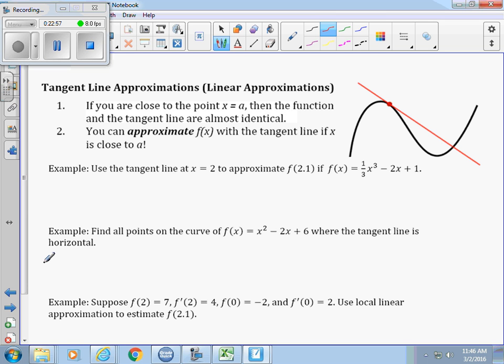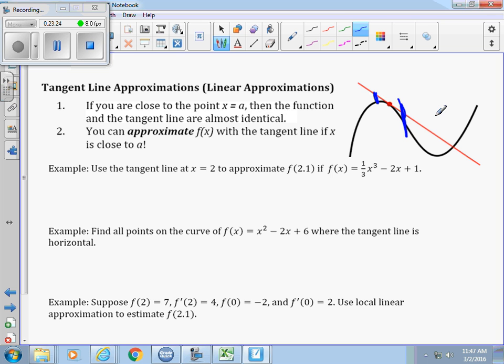This turns out to be really important in the real world, and in Cal 2 you'll get to some things where you really see the importance of this. But would you agree that really, really close to this point, the tangent line is close to the curve? Are there some curves that are really hard to plug numbers into by hand? If you don't think so, try sine of x at any point other than a unit circle point.